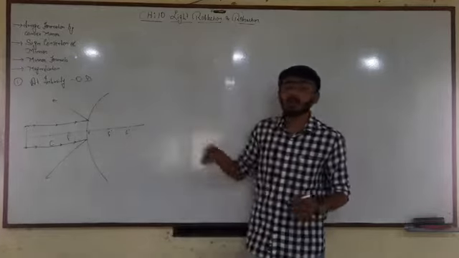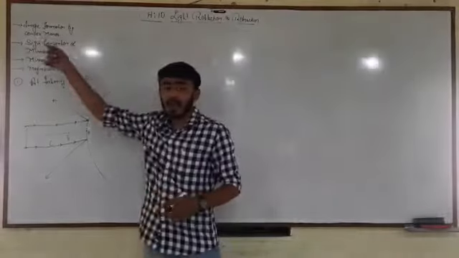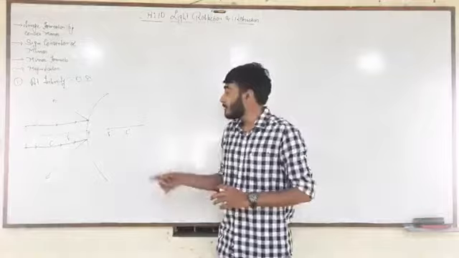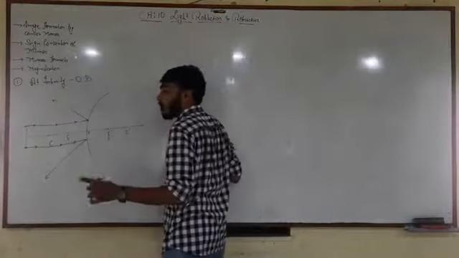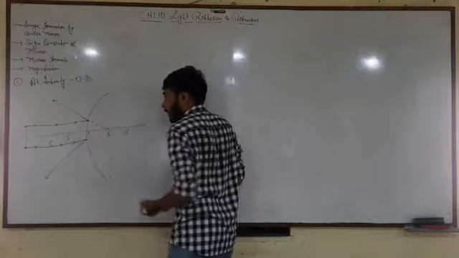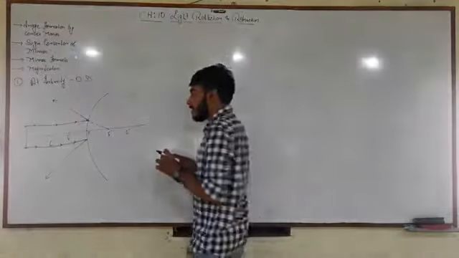Now, as these rays strike the convex mirror, they reflect back. Okay, so now what happens? We can draw an imaginary line passing through this, and it should not change its direction. I am drawing an imaginary line passing through the incident ray.